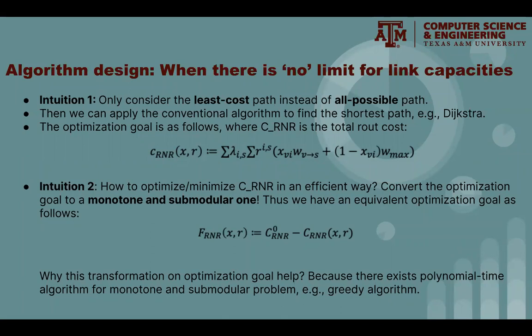Why do we want to convert this objective to another equivalent optimization goal? Because there exists a polynomial time algorithm for the monotone and submodular problem, for example the greedy algorithm, which is very commonly used. Next.